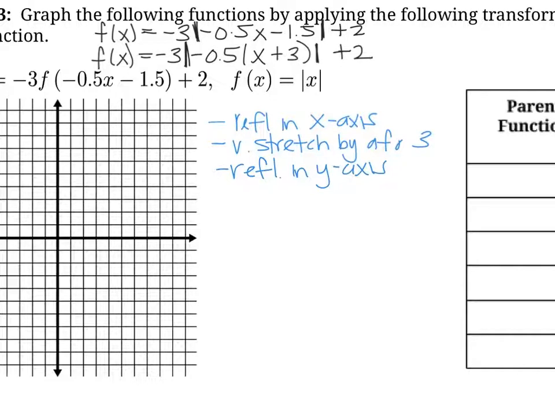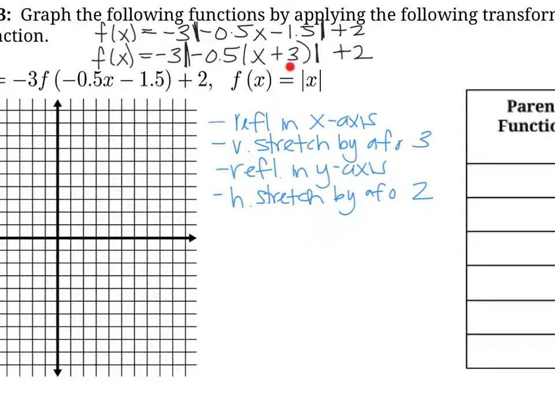The absolute value of k is 0.5, and that's less than 1, so we are going to have a horizontal stretch by a factor of 1 over 0.5, which is going to be 2. So we're either going to multiply all the x values by 2 or divide them by 0.5. That's essentially saying the same thing.